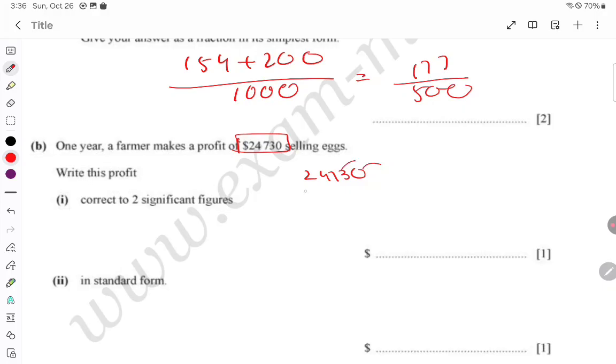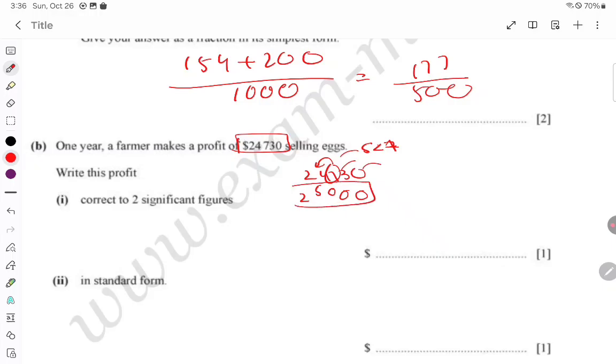We will consider it as 0 0 0. Greater than 5, so we can shift 1 to the left hand side, and it will become 4 plus 1, 5.